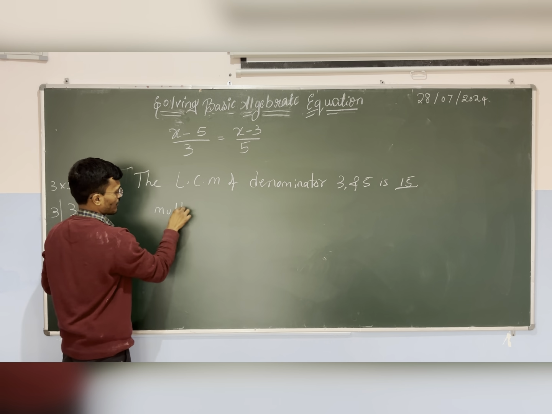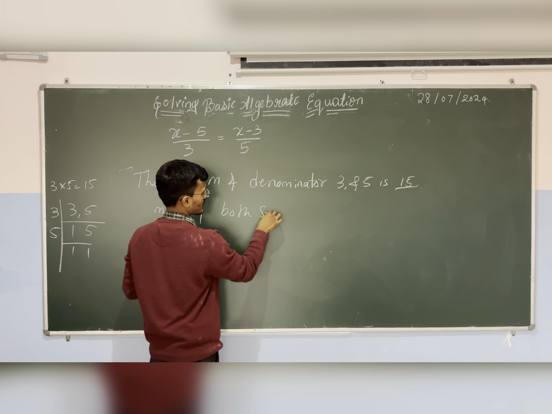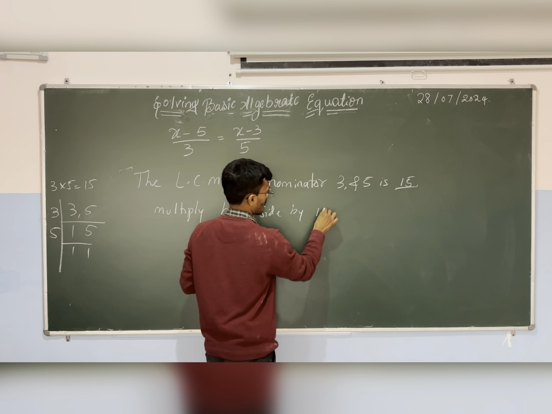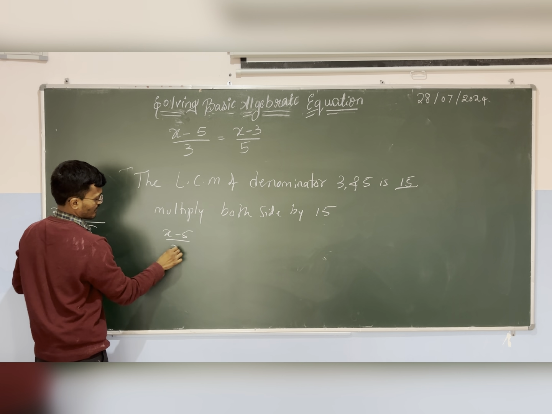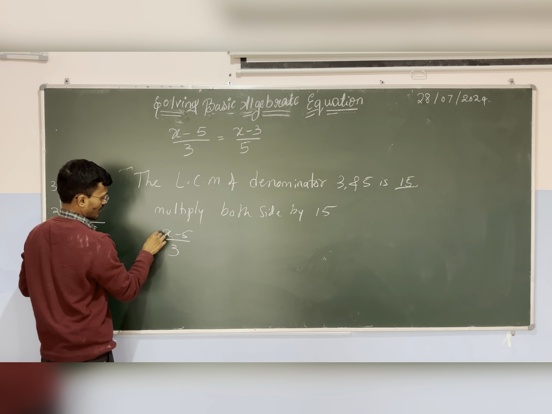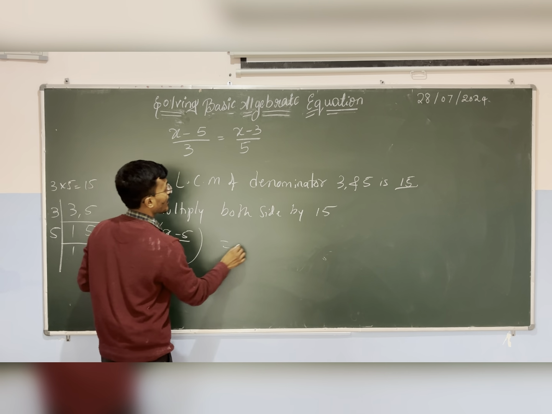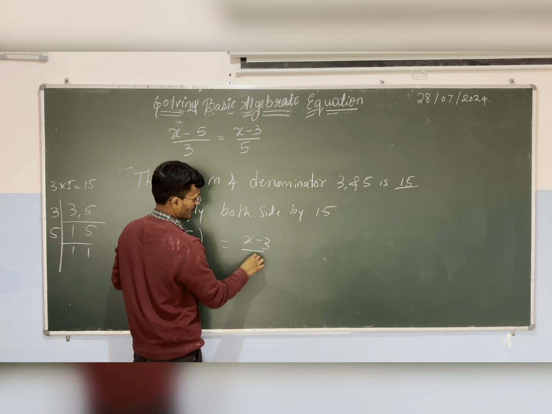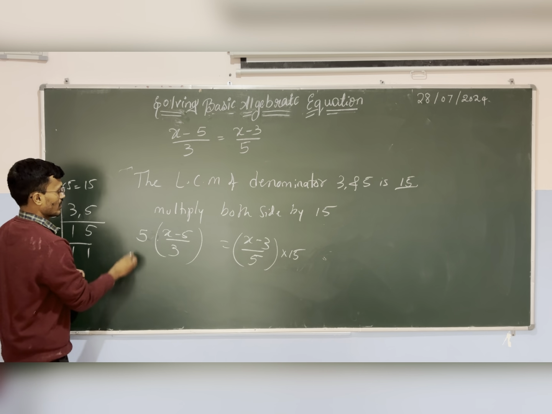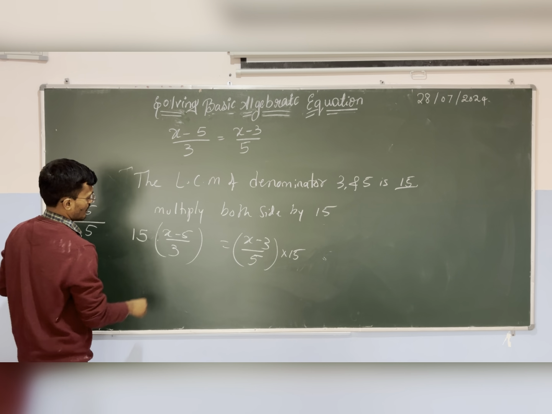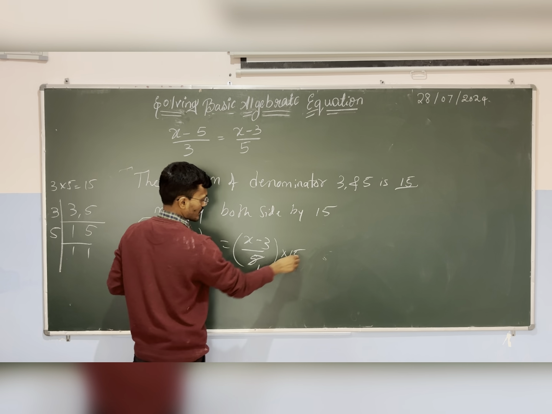Next, multiply both sides by 15. So (x minus 5) divided by 3 times 15, and (x minus 3) divided by 5 times 15. Here the 15 cancels: 3 fives are 15, and 5 threes are 15.